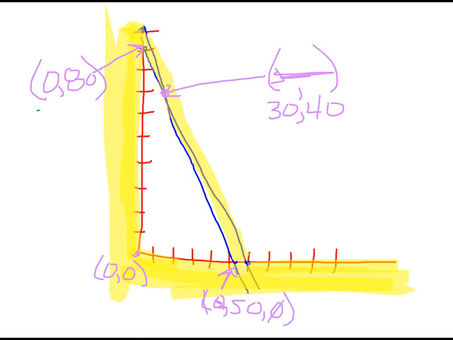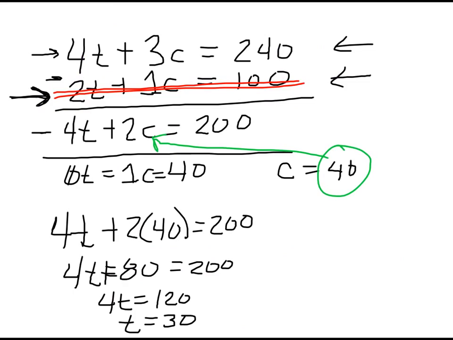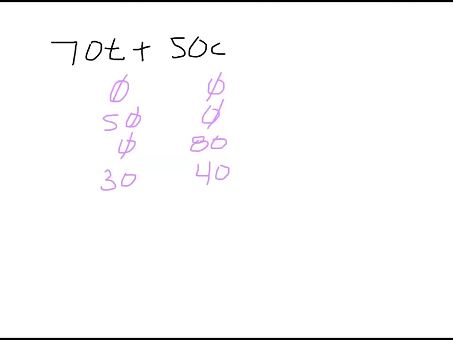So the last step now is to take these four values of tables and chairs and plug them into our original profit formula, which recall was 70t plus 50c, to see which one ends up with the highest profit. And you can see where this is going. If I take 70 times 0 plus 50 times 0, I end up with a profit of 0.